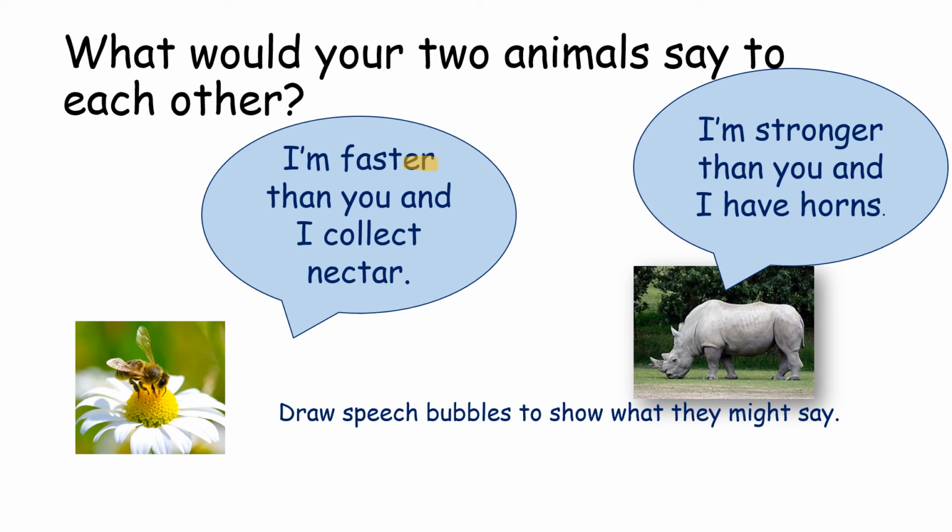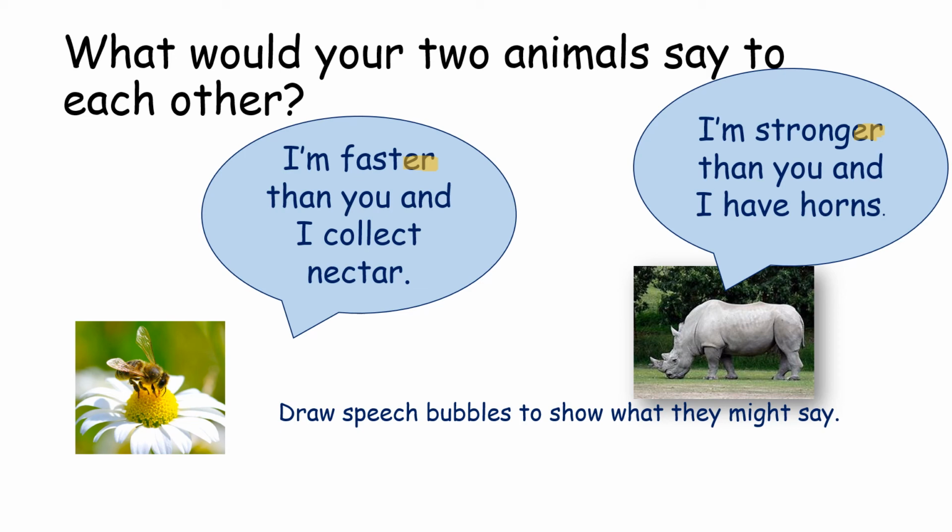The rhinoceros is saying, I'm stronger than you and I have horns. Can you spot that ER, that comparative ending again in this sentence? I'm stronger than you and I have horns. So when you write your sentences, I'd like everyone to try and use a comparative ending in your sentence. So that's what I'm looking for.